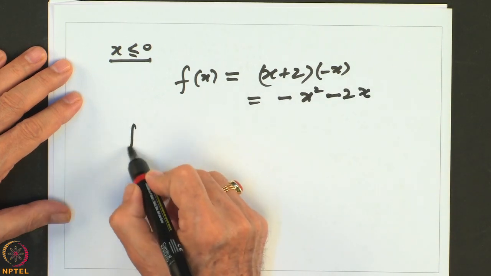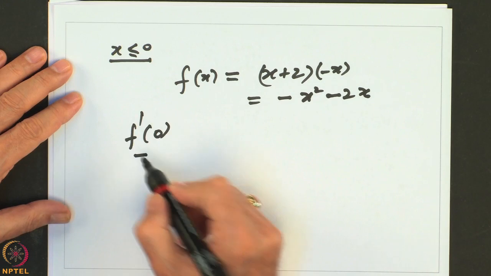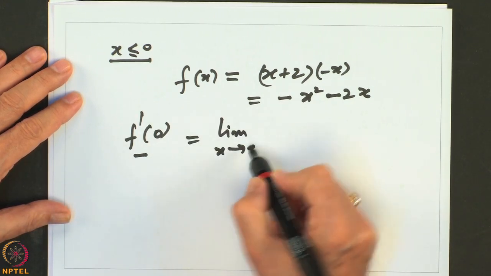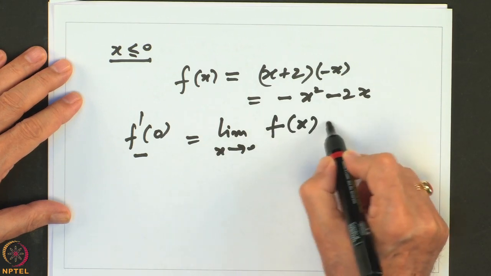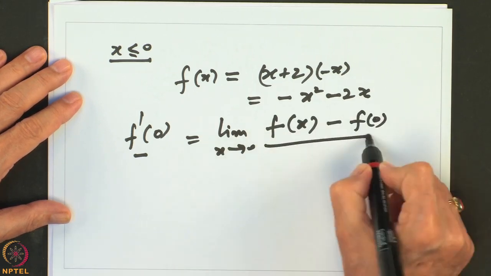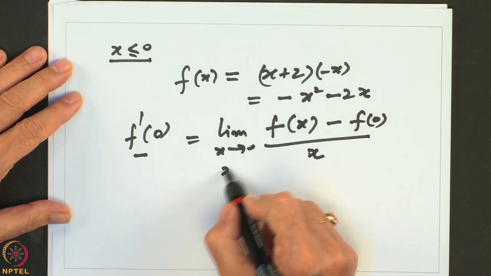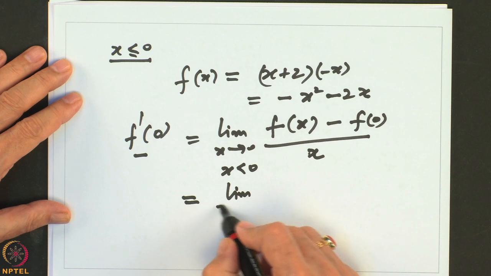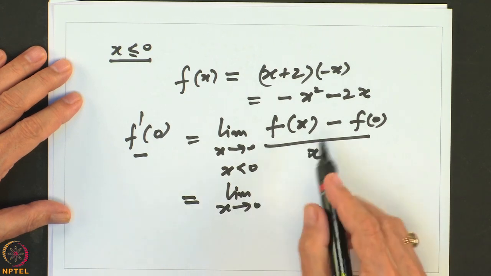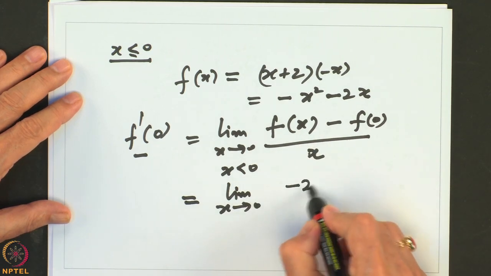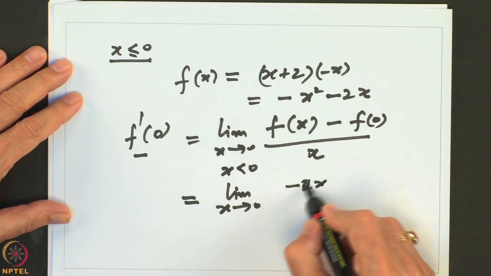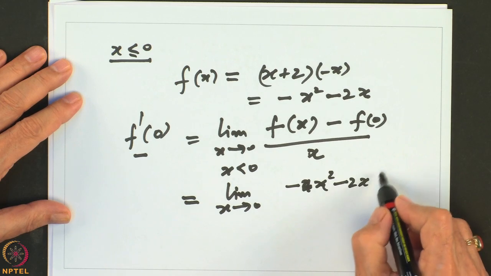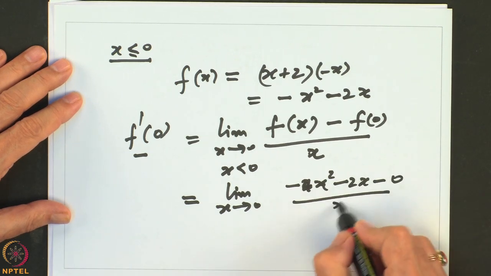So, the f dash of 0 from the left will be the limit x going to 0 of f of x minus f of 0 divided by x, x less than 0. When you put the values, when x is negative, it is minus x square minus 2x, and at 0 the value is 0, divided by x.